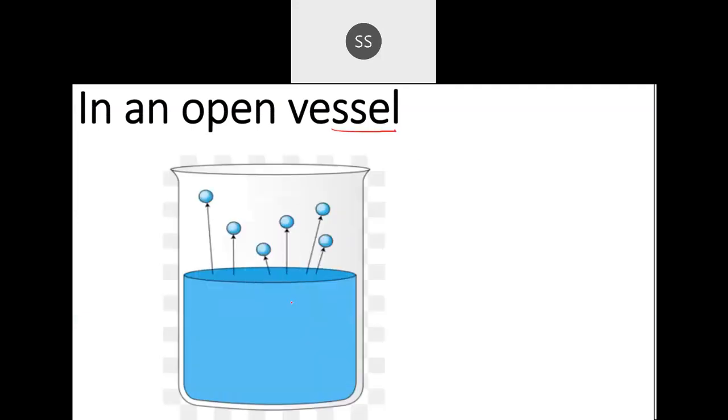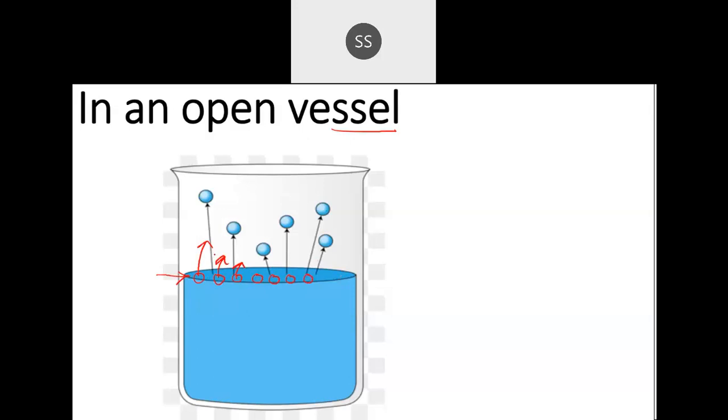Evaporation usually takes place in an open vessel. If I have a vessel and you have kept water, you will see after some time the level of the water may decrease. Why has the level of the water decreased? Because the molecules present on the surface have utilized the temperature at which you kept this water.